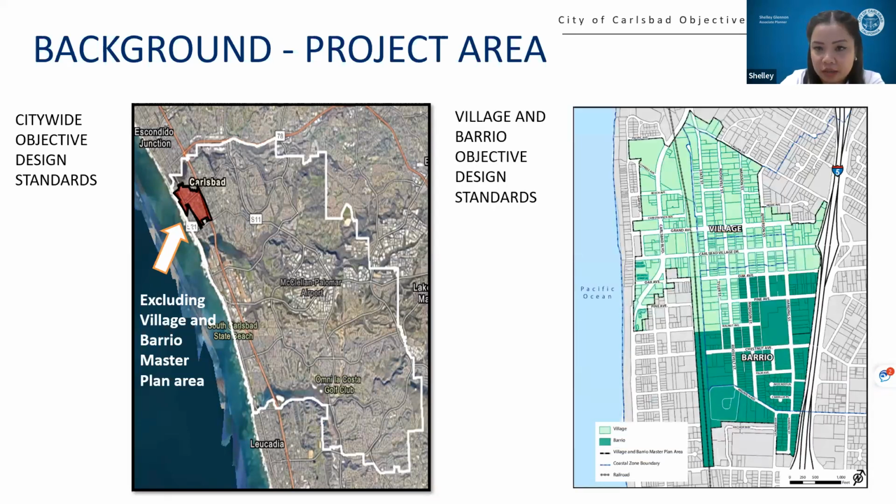As directed by City Council, the city processed a separate objective design standards project for the village and barrio, the city's two oldest neighborhoods, in order to include the development of a palette of architectural styles and the formation of a citizens design review committee to assist in the development of the village and barrio standards, which I'll discuss in further detail in this presentation. Both projects are intended to implement the city's recently certified housing element under Housing Element Program 1.11 objective design standards, and therefore it is required in order to stay compliant with the recently approved housing element.